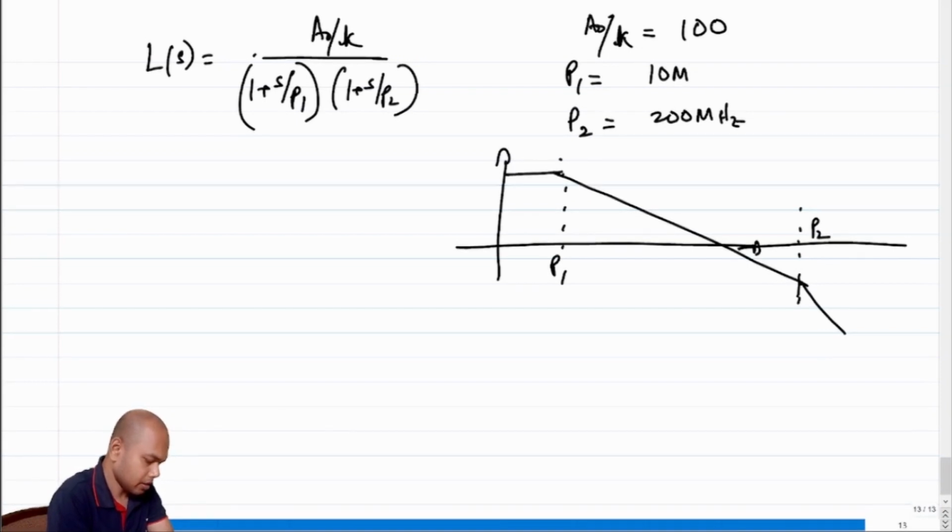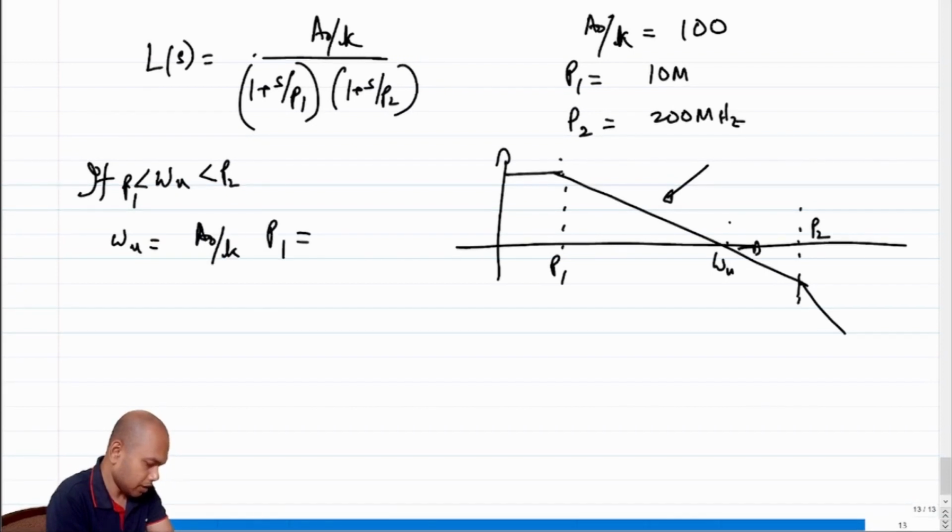Okay. So what will be omega UGB? How do I figure out? So if omega u is between P1 and P2, then omega u will be A naught over K times P1, which is equal to how much? 100 times 10, that is 1000, right?